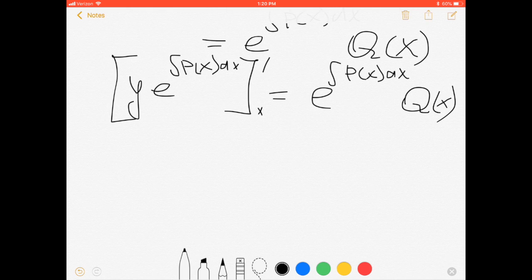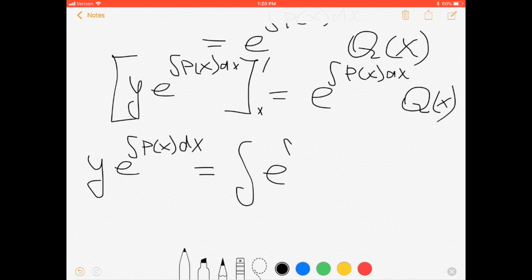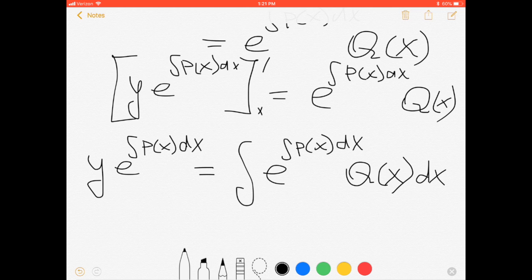To find our solution, take the integral of both sides. The left part, if you take the integral, will be exactly y times e to the integral p(x) dx, and the right side will be the integral of e to the integral p(x) dx times q(x) dx.